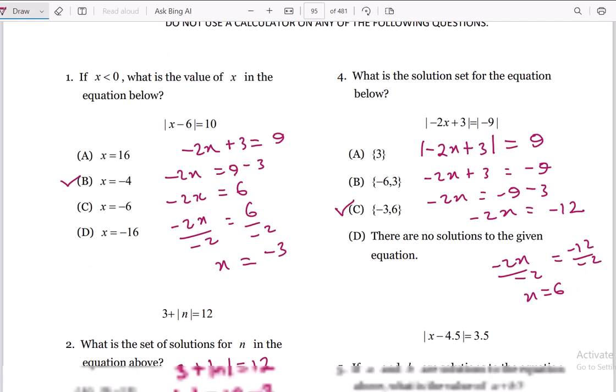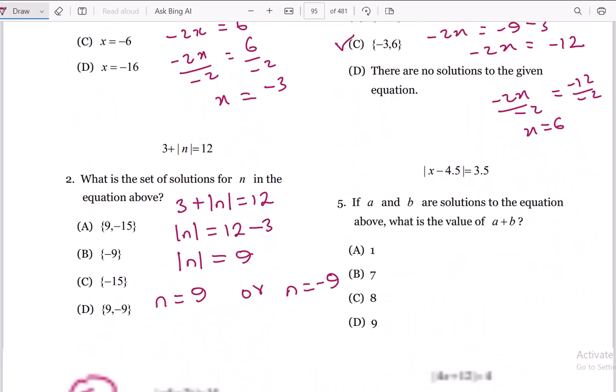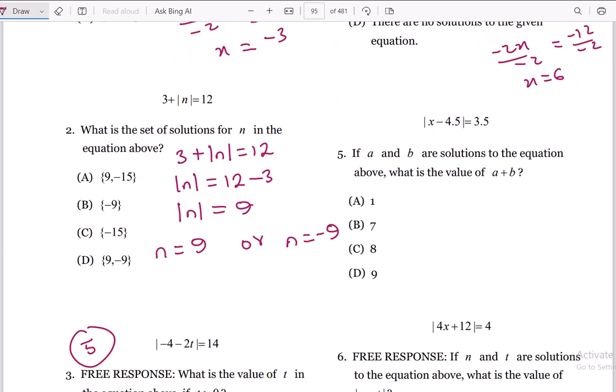Let's check the next question. Question number 5. It says A and B are solutions to the equation. What is the value of A plus B? So this is the same thing. x minus 4.5 equal to 3.5, or x minus 4.5 equal to minus 3.5.